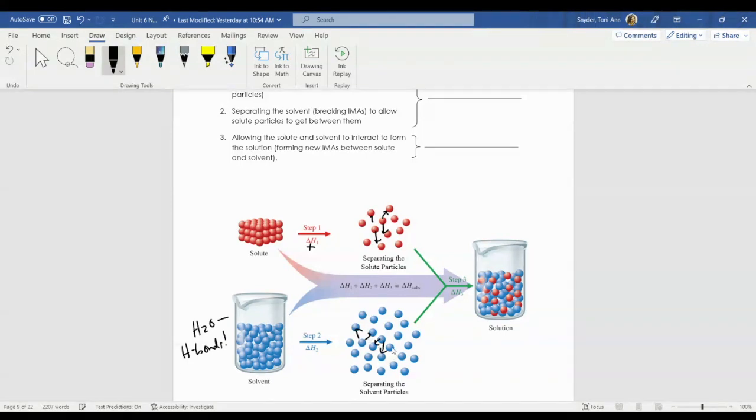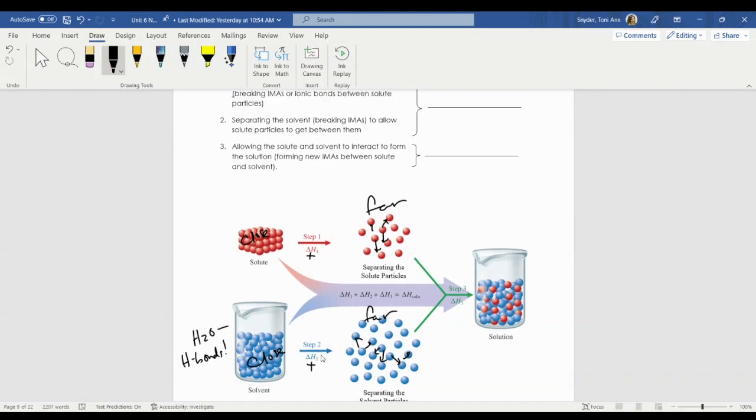So I'm going to draw some arrows here to show that they're separating. See, they're very close here. These are also very close, but they get farther apart. So we'll say they're very far here. This also requires energy in order to break some hydrogen bonds and in order for these particles to get farther away. This process is an endothermic process that requires energy.